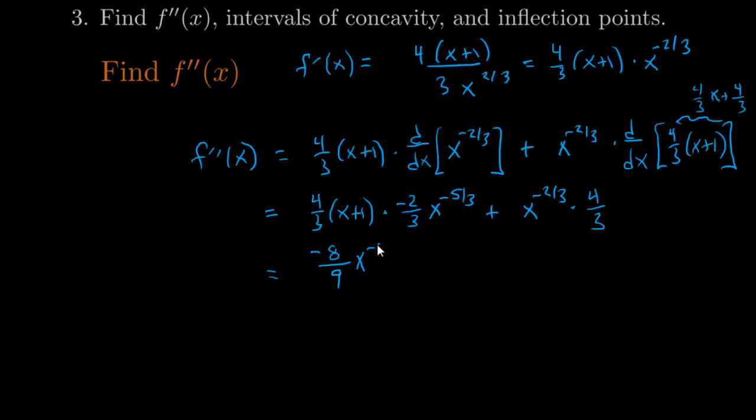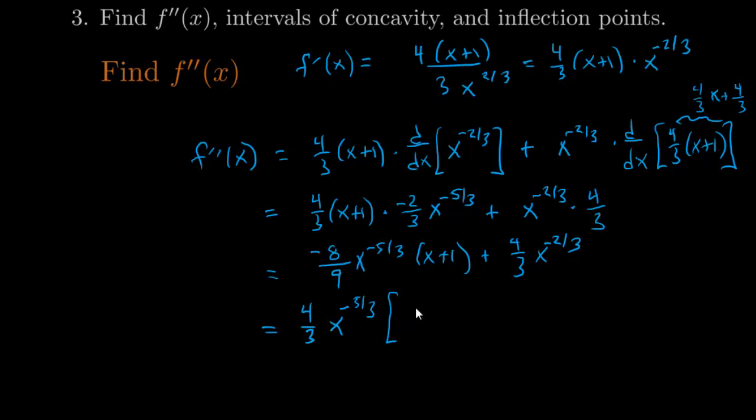Let's do x to the negative 5/3 x plus 1 plus 4/3 x to the negative 2/3. Alright, they both have a 4/3. So I'm going to pull out a 4/3. What else do they have? This x to the negative, now it has to be the smaller one, so between negative 5/3 and negative 2/3, it's negative 5/3.